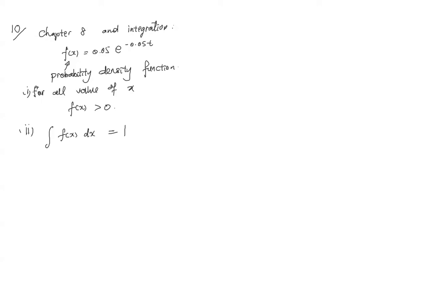So total probability must be equal to 1. Third thing, if I want you to find the probability that x is between A and B, you need to integrate from A to B, fx dx. Am I right?